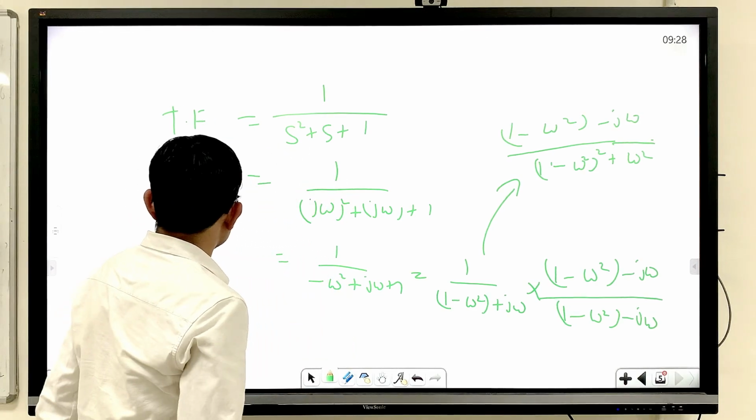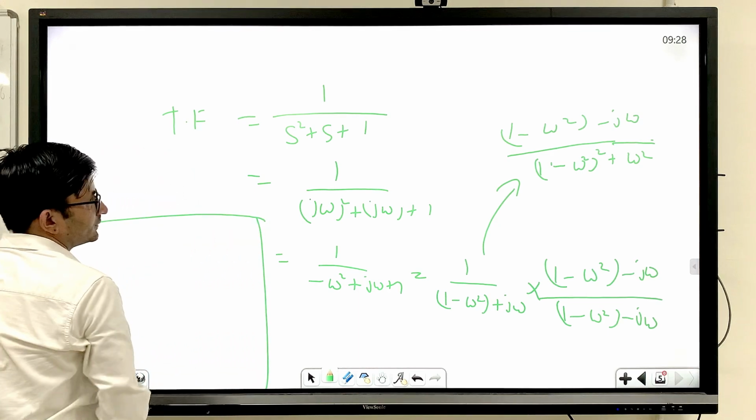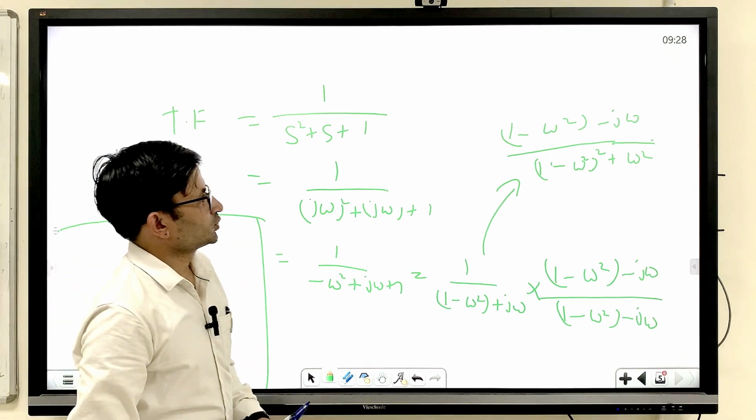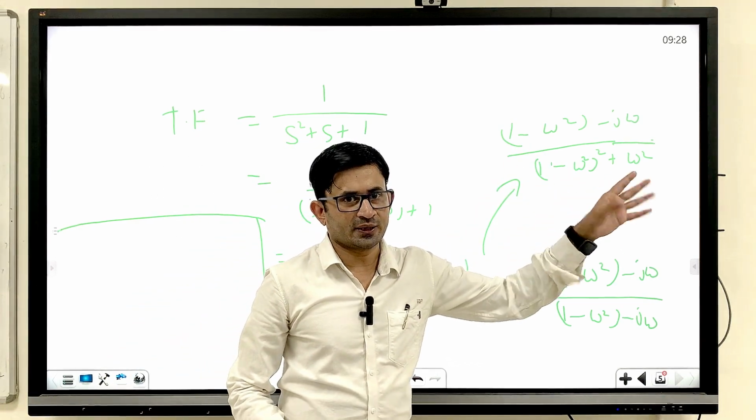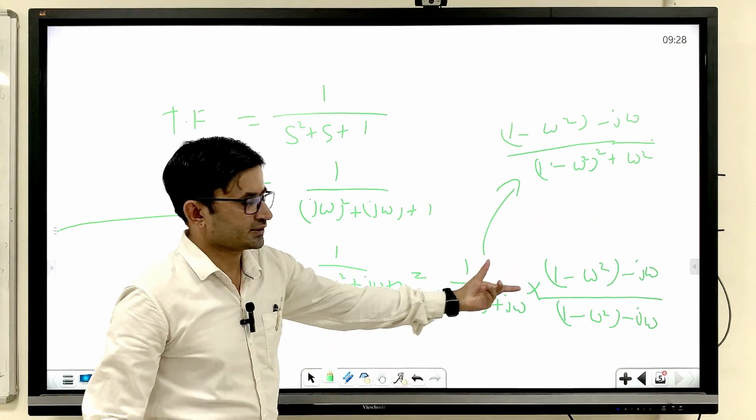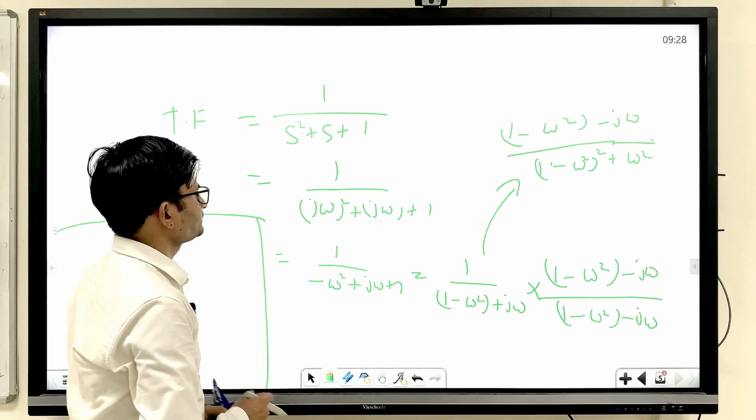Can I go to the next step? I will write here, okay? So you take the real part and imaginary part separately, right? Please check the sign and everything. Okay.